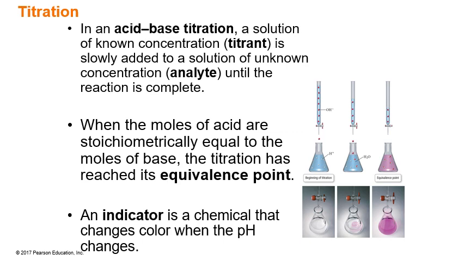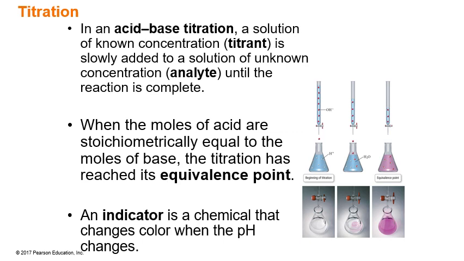We know that when we get to the equivalence point, the moles of the base are stoichiometrically equal to the moles of the acid. So what does that mean? That means that if it is a 1-to-1 reaction, the moles of acid equal the moles of base. If it is a 2-to-1 reaction, we know what that ratio is.